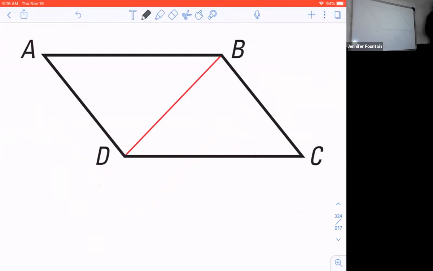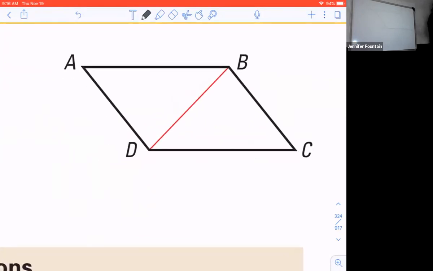What do I know about angle A and C? That they are consecutive. No, sides. A and C. They are opposite angles. Okay, so what do we know about opposite angles of a parallelogram? They're congruent. So I'm going to go ahead and put 1 arc for each of those to symbolize that they're congruent. What about angle B and angle D? Also congruent. They're opposite angles.